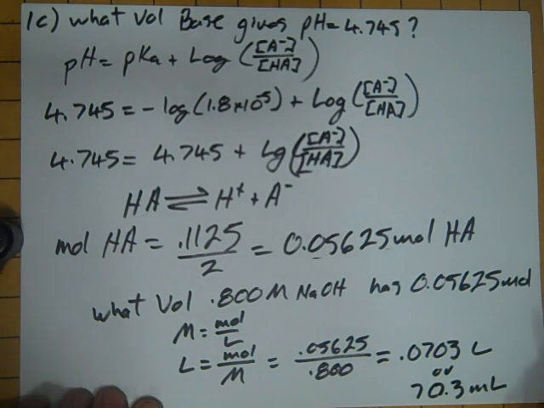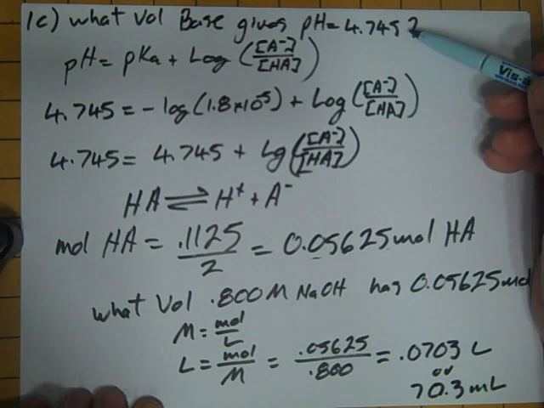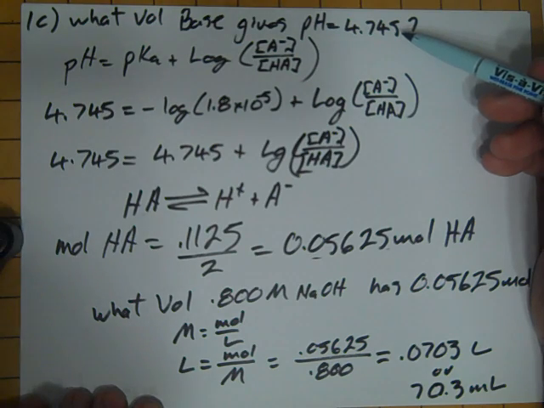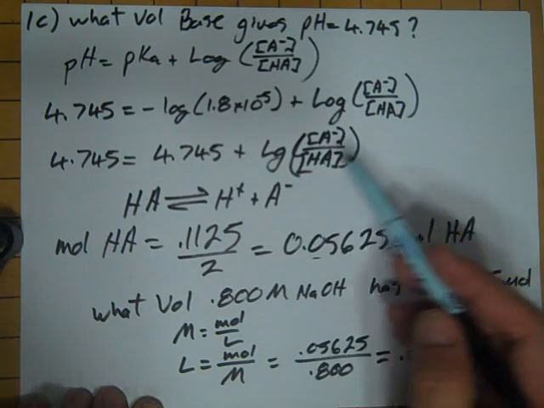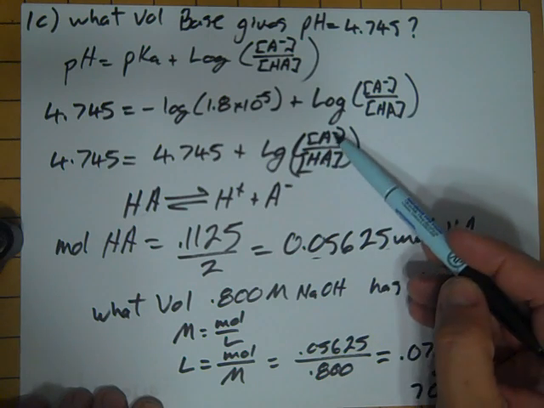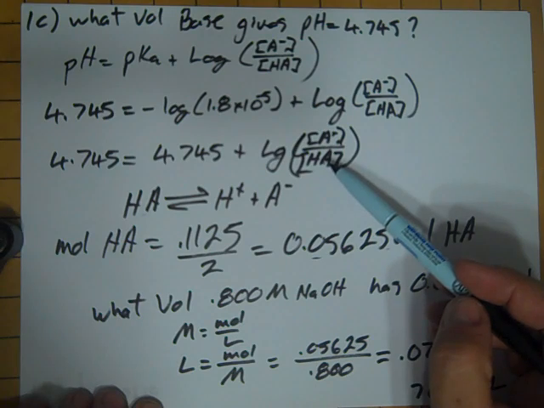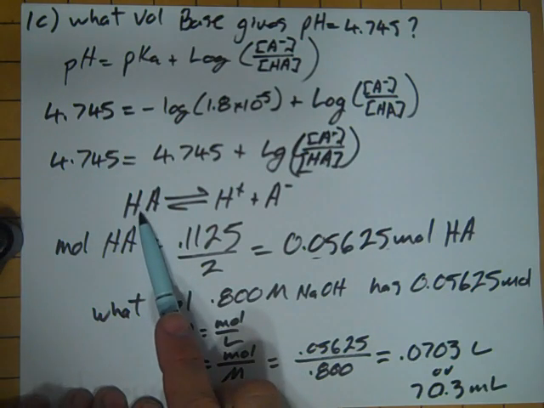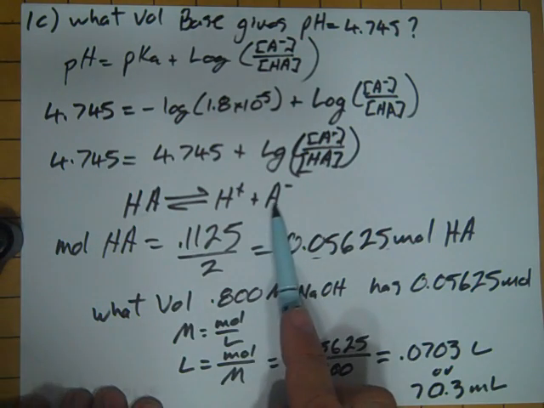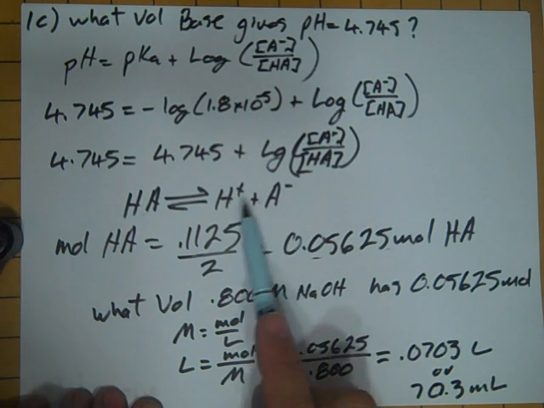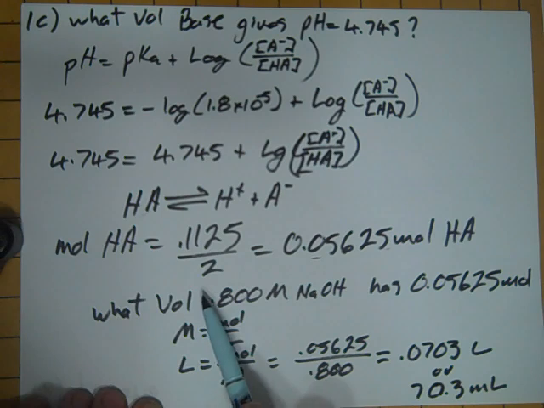So that's the answer. What volume of base will give me this pH? That pH is the pH when you have pH equals pKa. When pH equals pKa, the two concentrations have to be identical, and I get them to be identical when I have made 1/2 of these get neutralized, leaving behind the same amount of A minus as HA.